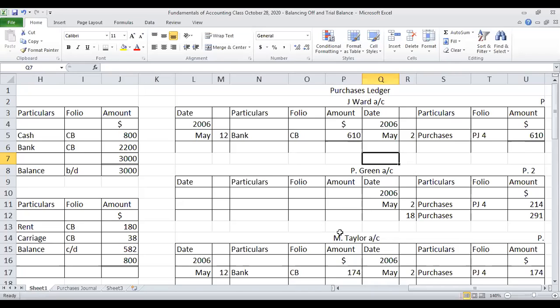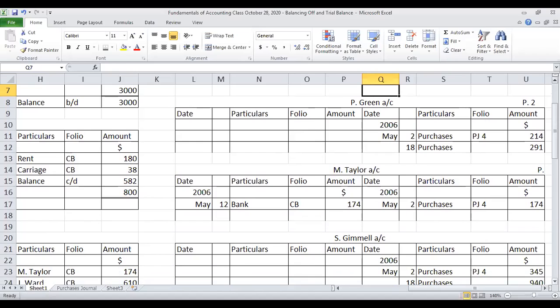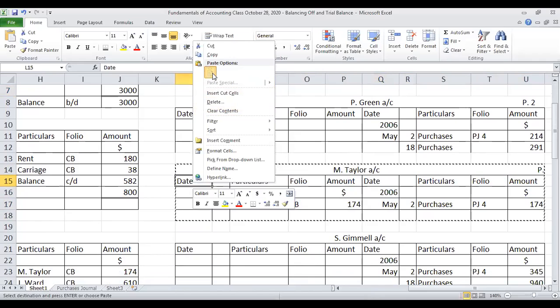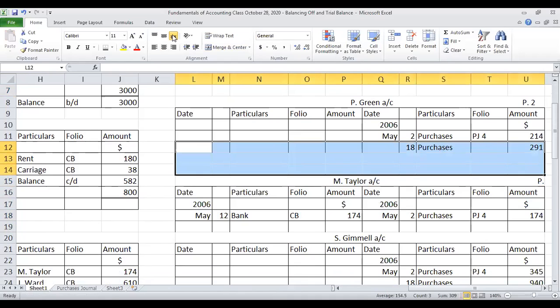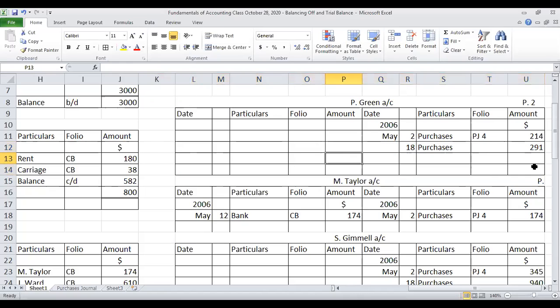Balance of P Green now. So we're going to balance off P Green now. Add up, as usual, both sides.